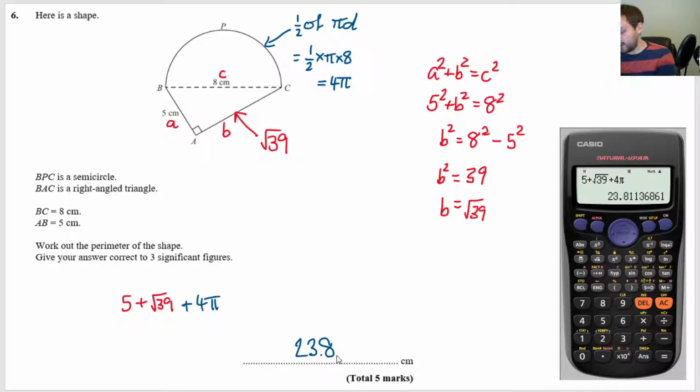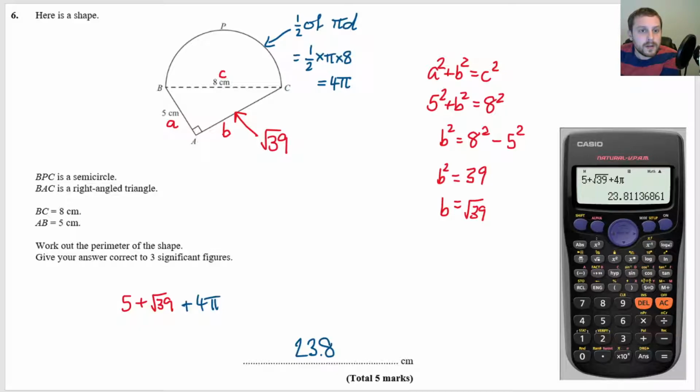Right, we're just going to have to go with that because unfortunately the mark scheme has a different question 6 in it. So we're going to go with 23.8 because, well, that's the answer. What I might do is just very quickly check to see if I have the answer to that written anywhere else.